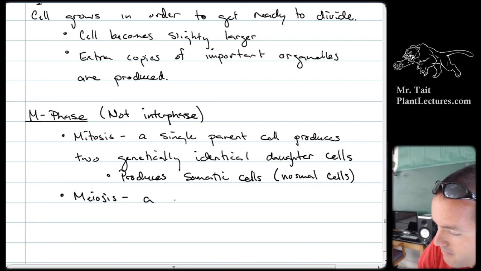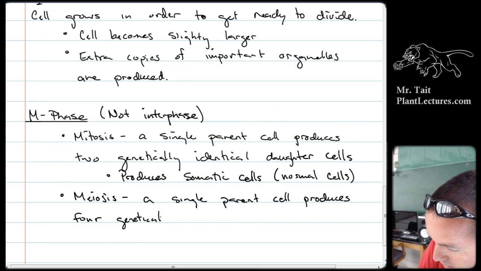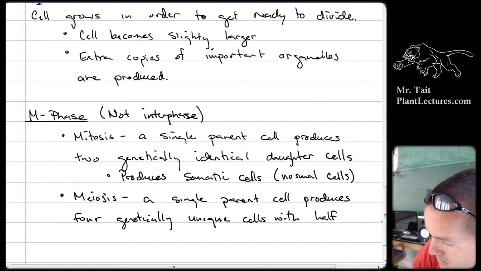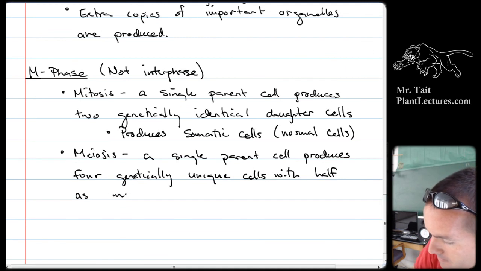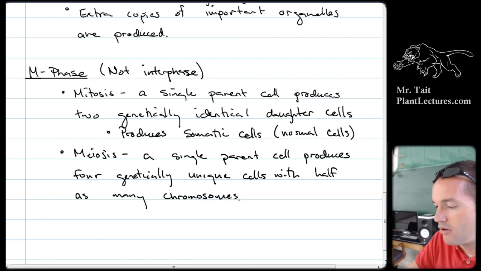And that's a single parent cell that produces 4 genetically unique cells with half as many chromosomes. Okay, these cells that have half as many chromosomes, if they started out as, like in a human case, we start out with 2 copies of the chromosomes, right?